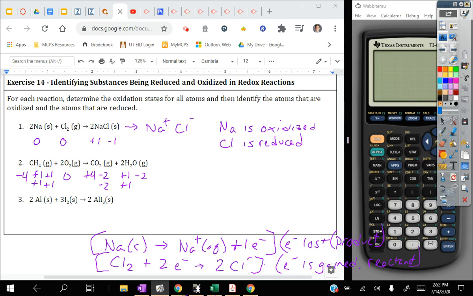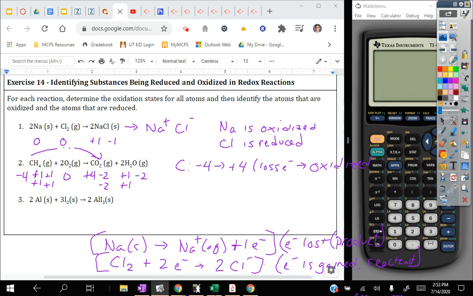So again, we're going to track the elements. C from reactants to products goes from -4 to +4, which means that it had to lose electrons to become positive, which means it is oxidized.